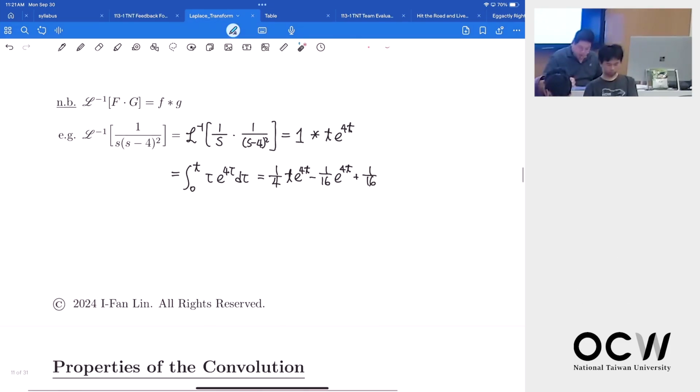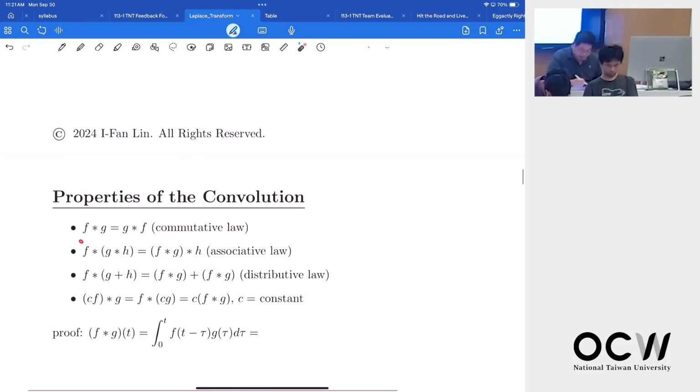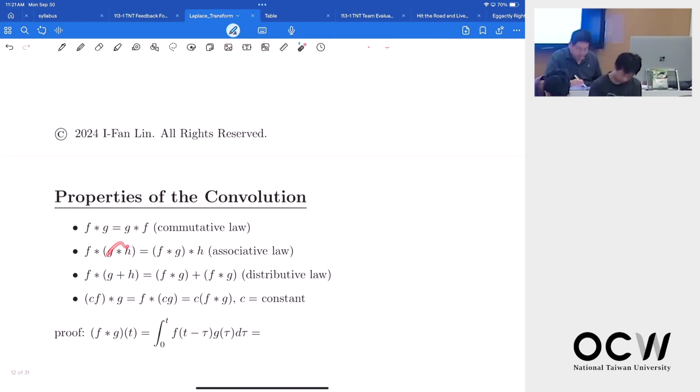Here are some properties of the convolution. Okay, f convolve g equals g convolve f. It is the commutative law. And for the associative law, if I have 3 functions, you can pick either 2 to do the convolution first, and then convolve the rest. They are the same.